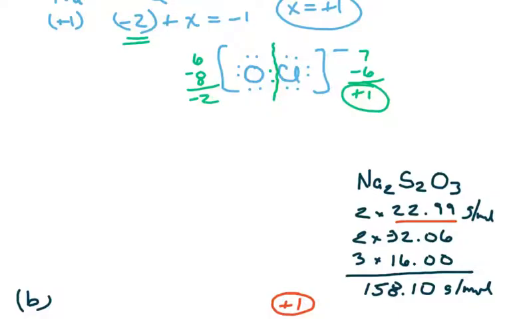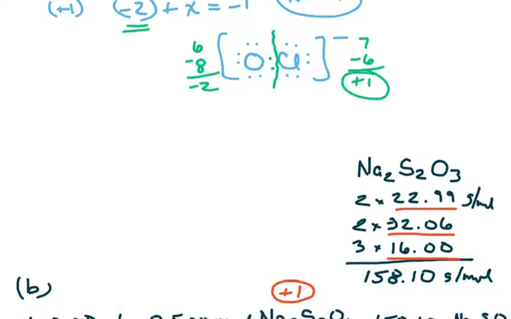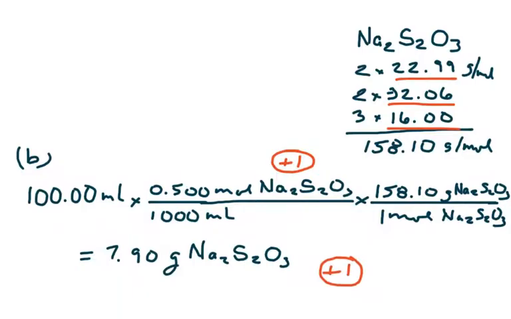I'm going to multiply that by 2. The sulfur is 32.06, multiply that by 2, and the oxygen is given as 16.00 multiplied by that 3, and I get 158.10 grams per mole.